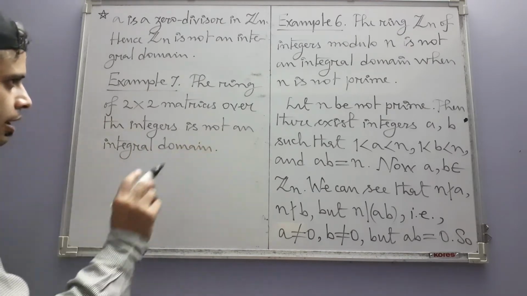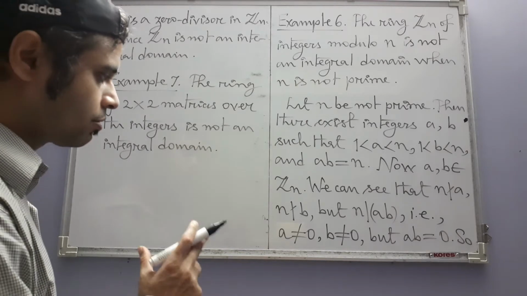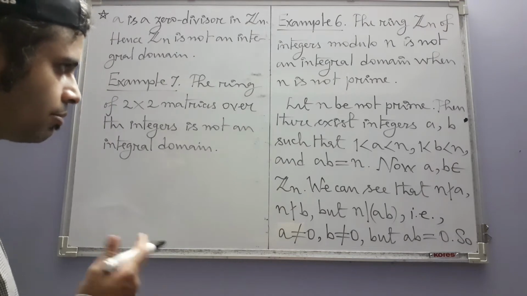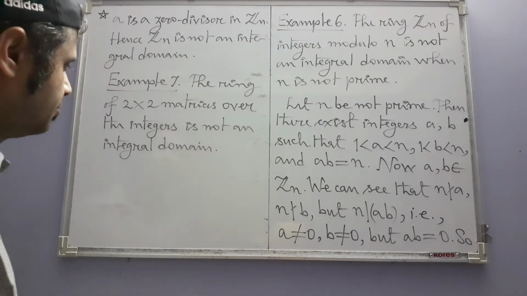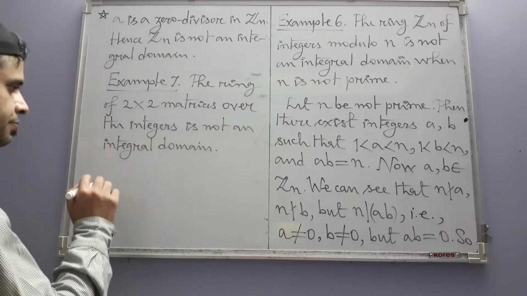Now here, unlike in example 6, you don't even have to consider zero divisors because our ring is not a commutative ring itself. Okay, so there itself things stop.